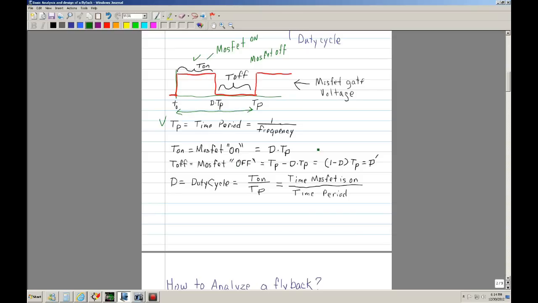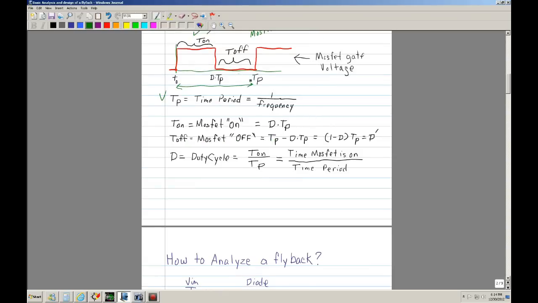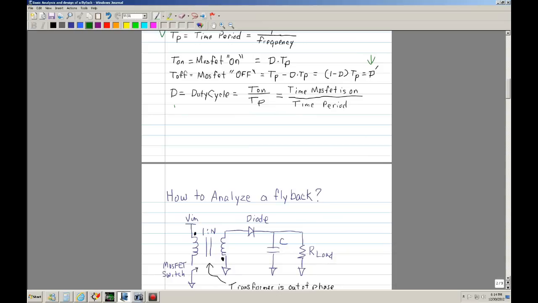That's your time period. And as I mentioned before, time on is the time that the MOSFET is on, and that's D times Tp. T off is the time that the MOSFET is off, and is Tp minus D Tp, and when you factor out the Tp, you end up with 1 minus D times Tp, which is also known as D prime.